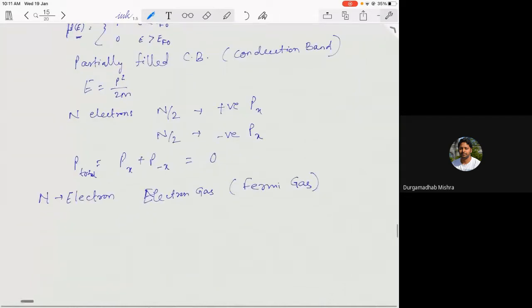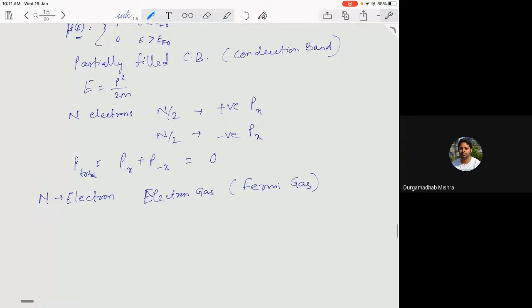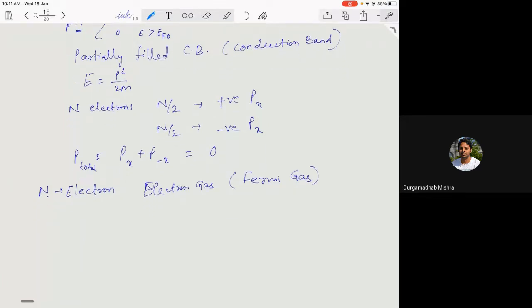So we represent this something like, the initial velocity will be different. The momentum will change because of this external field E, because due to the external field you have an acceleration.